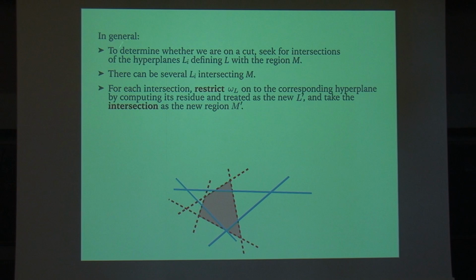So the general prescription is that to determine whether we are sitting on a cut, we just look for the intersections of the hyperplanes defining the integral with the integration region. In general, it could happen that there are several lines intersecting the region, like in this case. Then for each intersection, we restrict the integral to this hypersurface and regard the restricted geometry as giving us the new integrand.